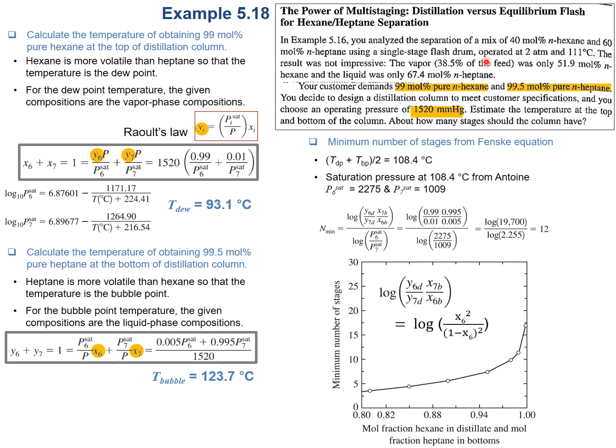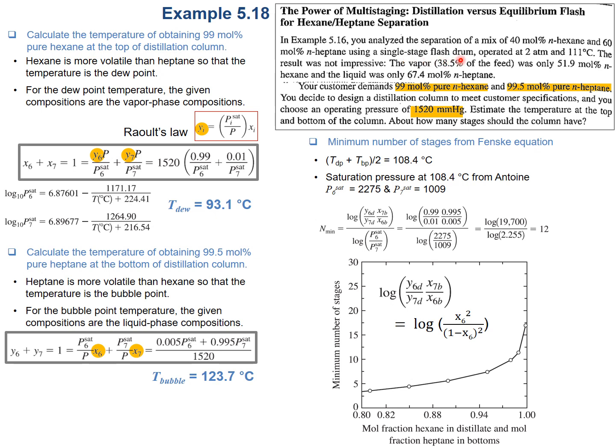The result was not impressive. The vapor was only 52 mole percent hexane and the liquid was only less than 70% heptane. It means we didn't have very high purity hexane and heptane from the single stage flash drum.